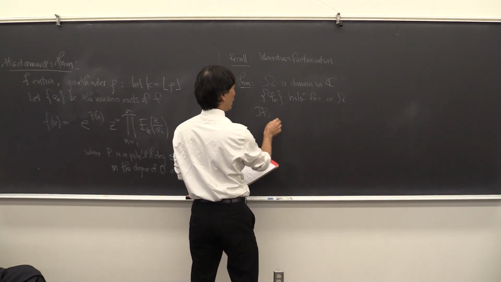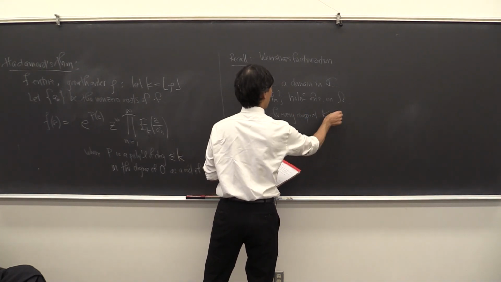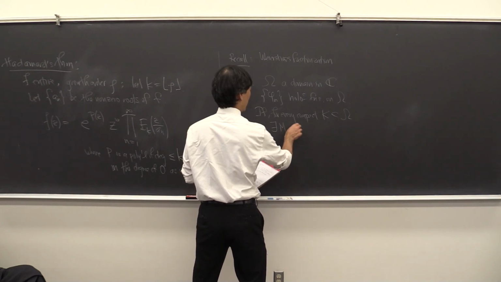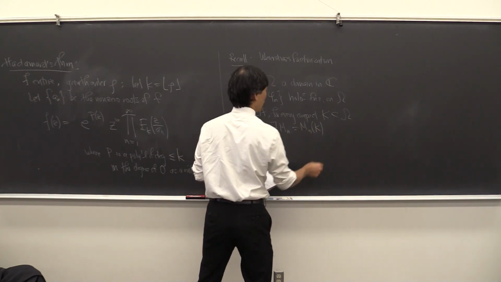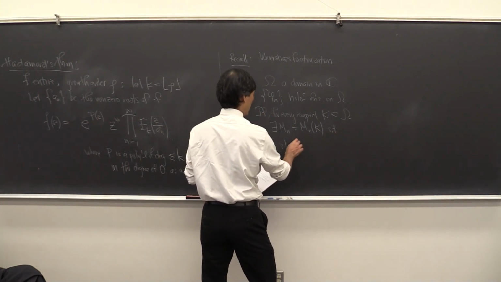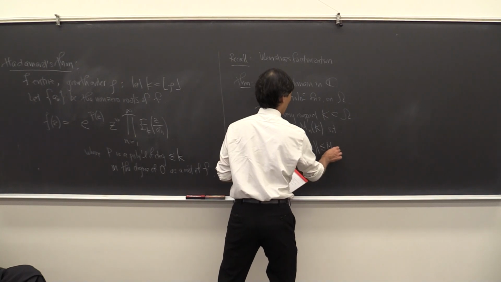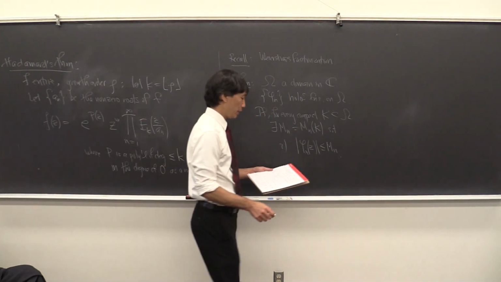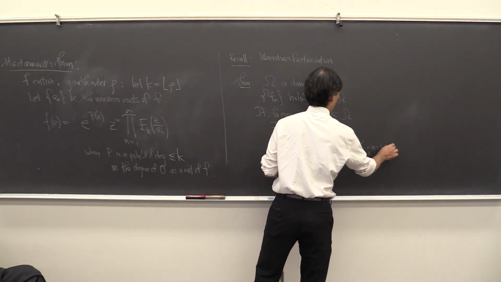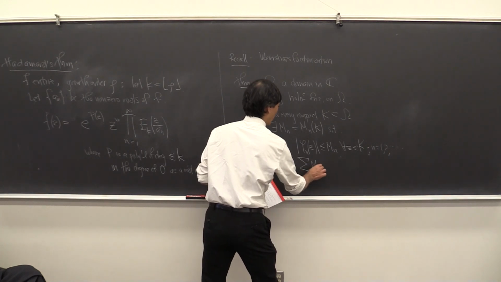If for every compact set K in your domain, there exists an M sub n that can be dependent on the set such that one, it controls the size of the holomorphic function for all points in the compact set, for all n, and the sum of the M sub n's is finite.